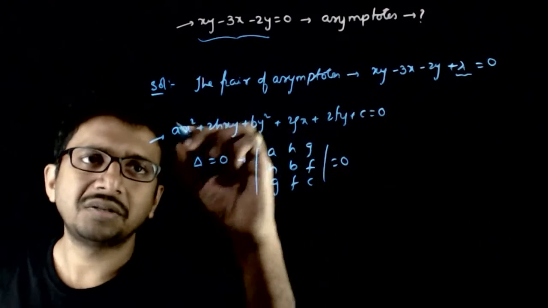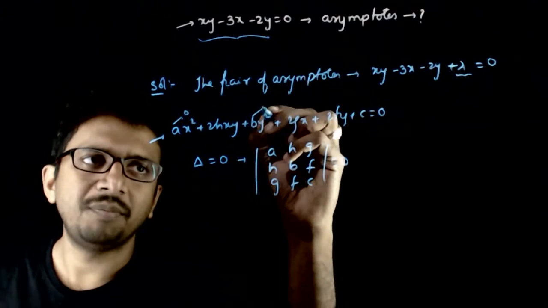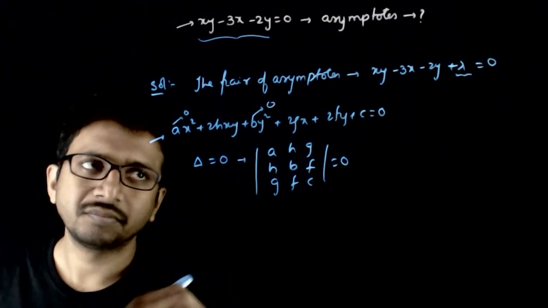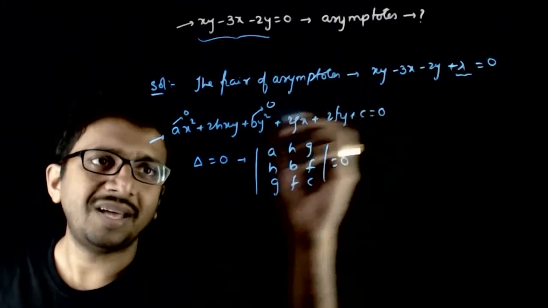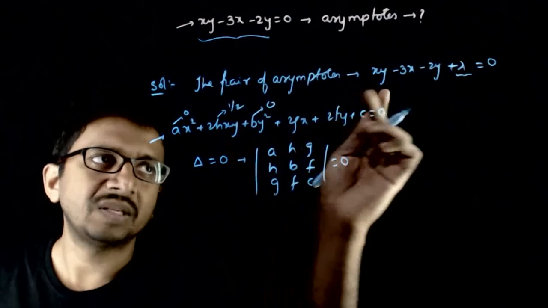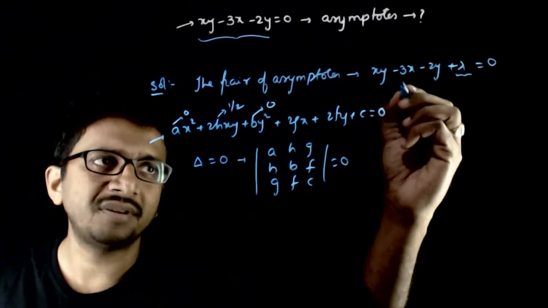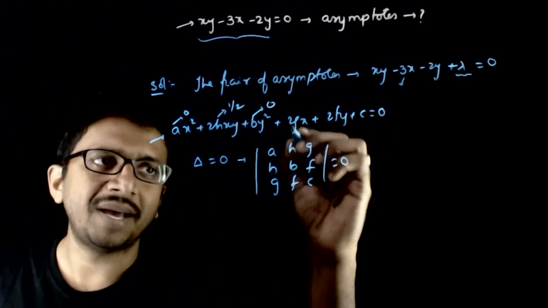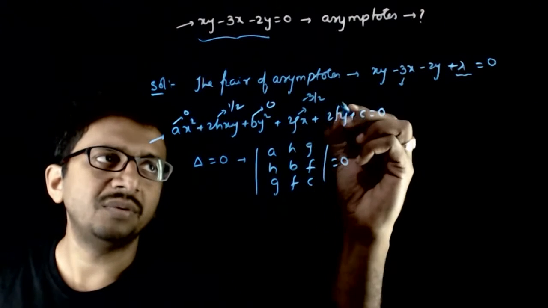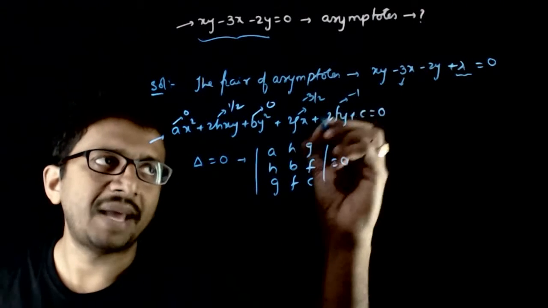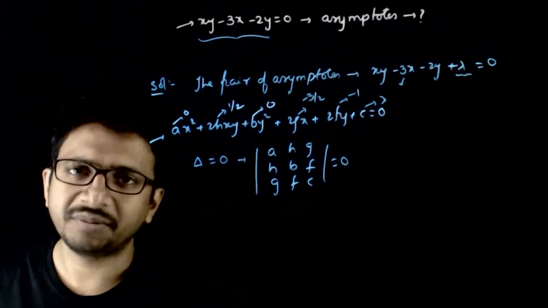According to this, a is equal to 0, b is equal to 0, h is equal to half because the xy coefficient is 1, so 2h is equal to 1 and h is equal to half, and 2g is equal to minus 3, so g is equal to minus 3 by 2, f is equal to minus 1, c is equal to lambda.